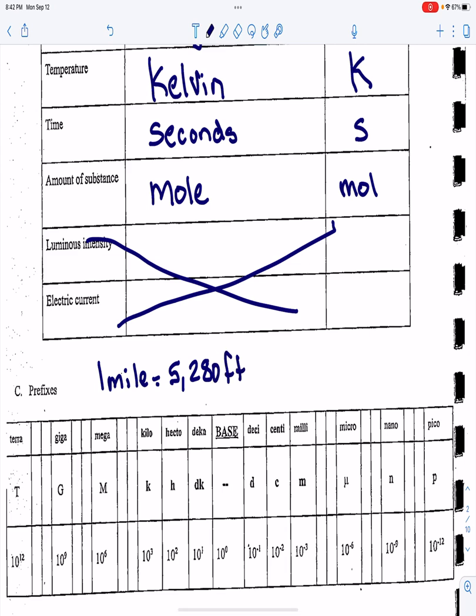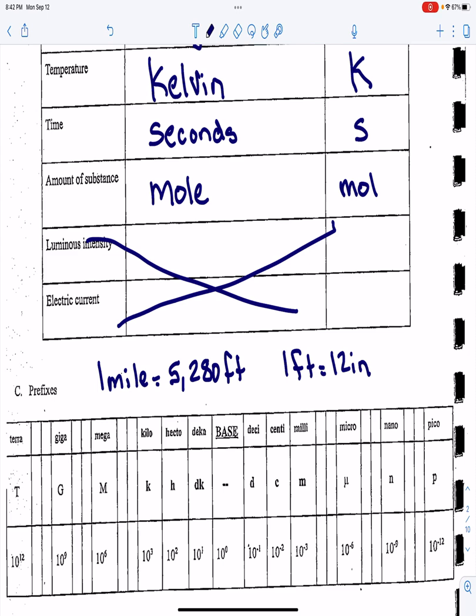Not everybody knows that yet. And there are other things. Most of you know that 1 foot is equal to 12 inches, and so on and so forth. So that's the imperial system. What we're going to use in chemistry class is called the metric system.